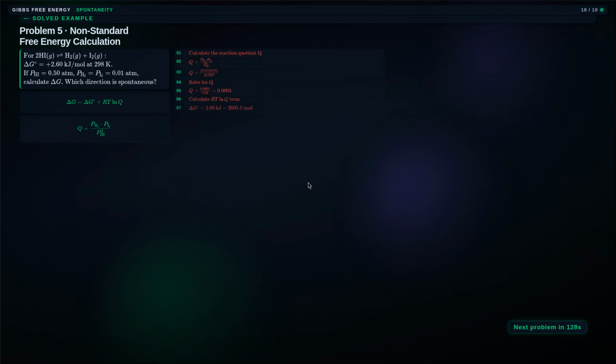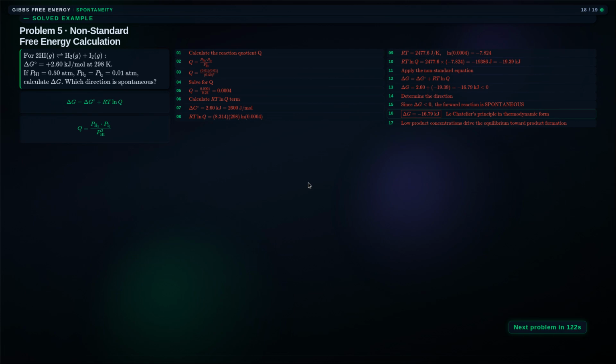Problem 5. Non-standard free energy calculation. For 2HI gas in equilibrium with H2 gas plus I2 gas, delta G naught equals positive 2.60 kilojoules per mole at 298 Kelvin. Let us calculate delta G under non-standard conditions. Step 1. Calculate the reaction quotient Q. Q equals pH2 times pI2 divided by pHI squared.